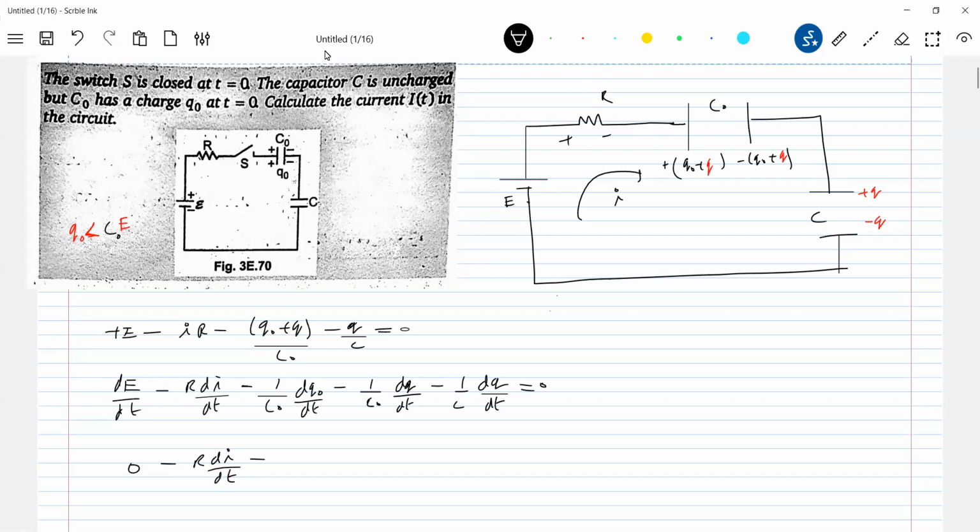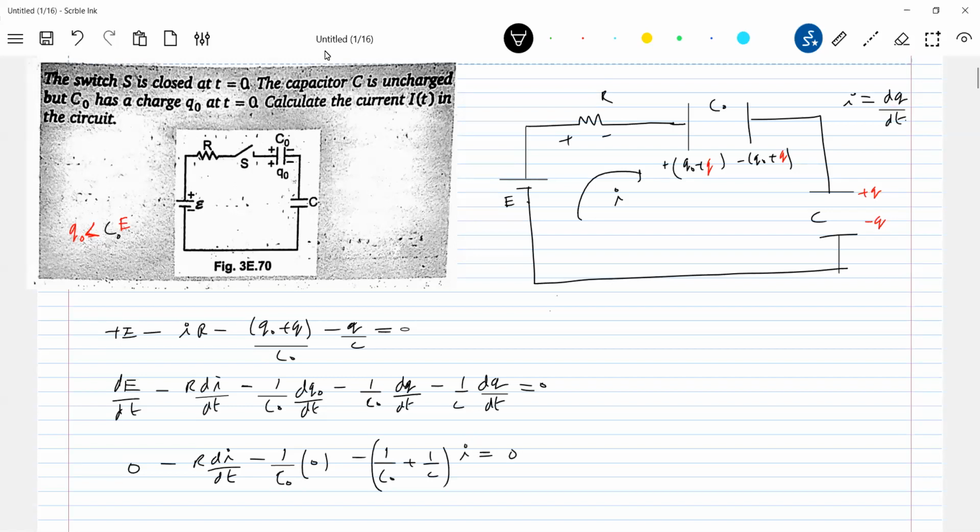This will be Q naught is a constant, so this will be 1 by C naught into 0. dq by dt, so this will be 1 by C naught, 1 by C. dq by dt is what? I write I, because all this current is due to rate of flow of charge. Equal to 0, this one.